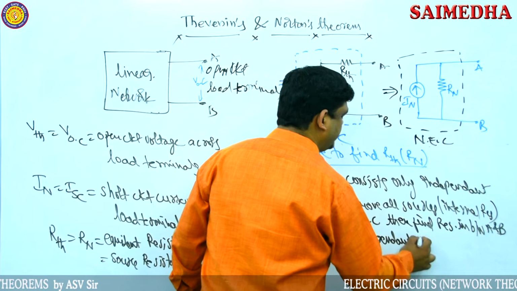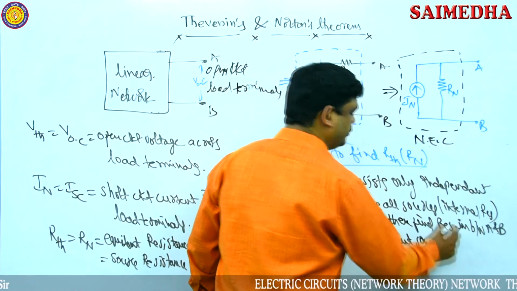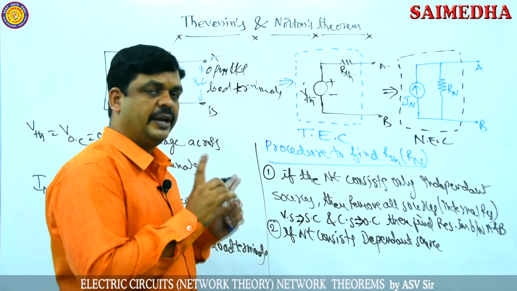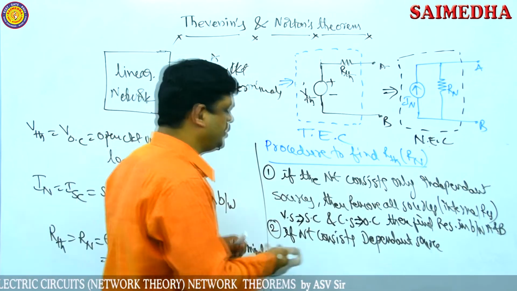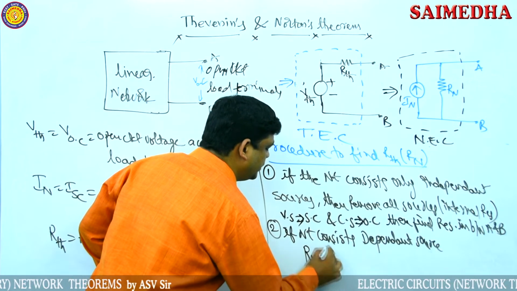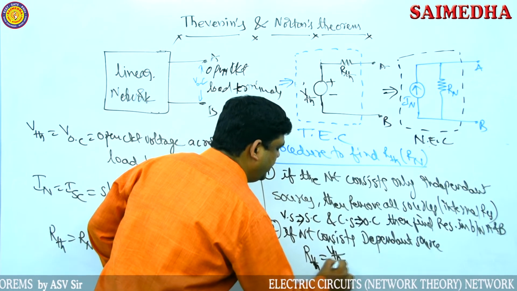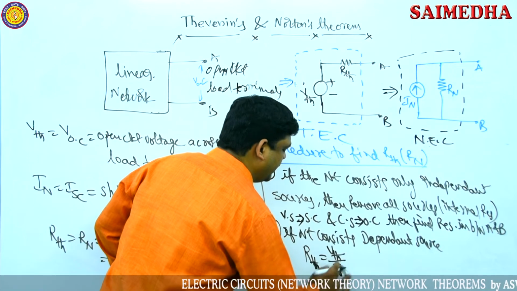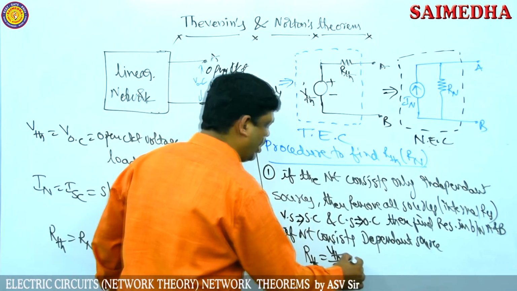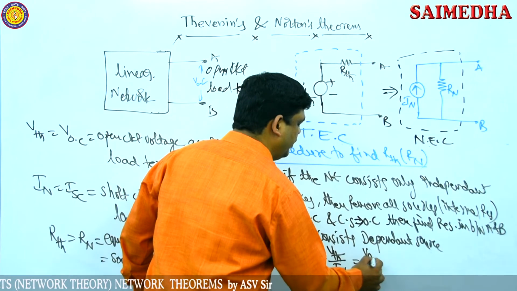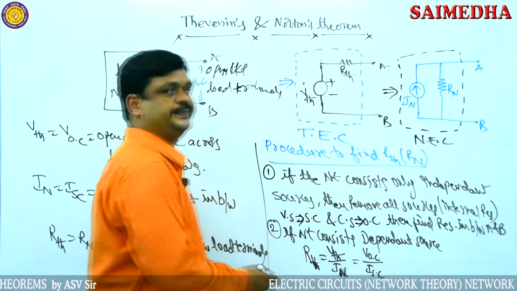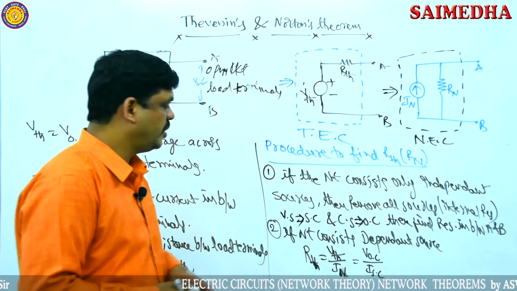If the network consists of dependent sources, but minimum one independent source is compulsory, then RTh is equal to, directly, we have to write VTh by IN. That means Thevenin's voltage by Norton's current, or we can write VOC, open circuit voltage by short circuit current.